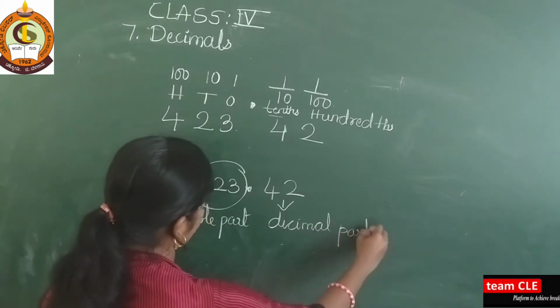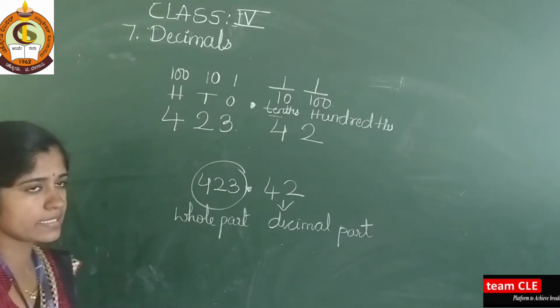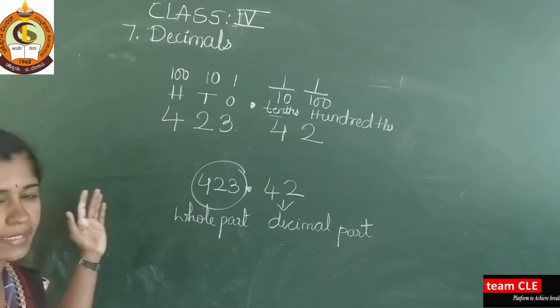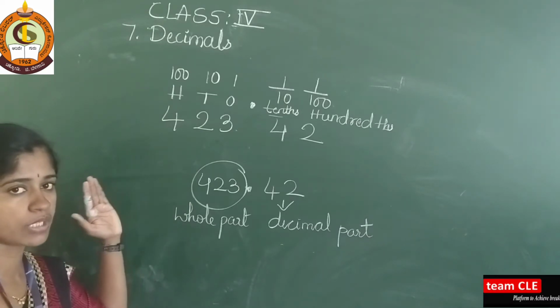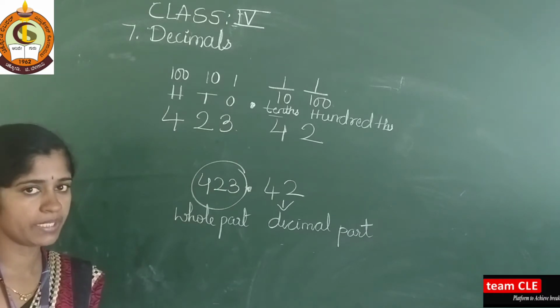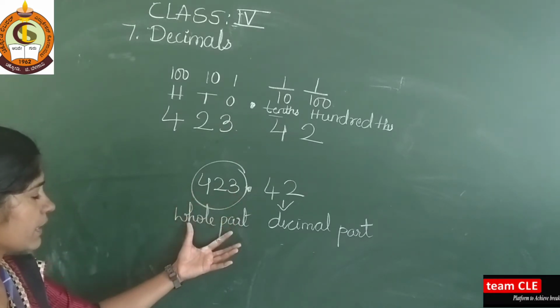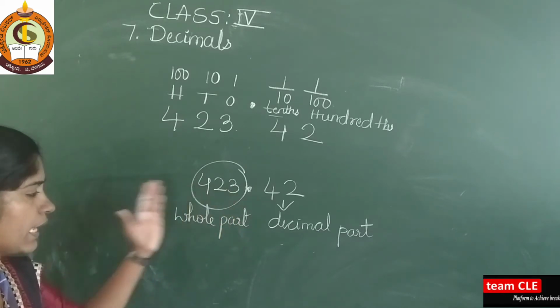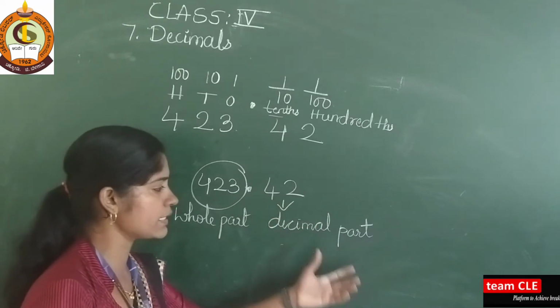Dear students, when you learned large numbers, you know about ones, tens, 100, 1000, 10,000, lakh, 10 lakh, crore, 10 crore. You know this place value chart already. But this part is completely new for you. Here 420 on the left is the whole part, whereas 42 is the decimal part.